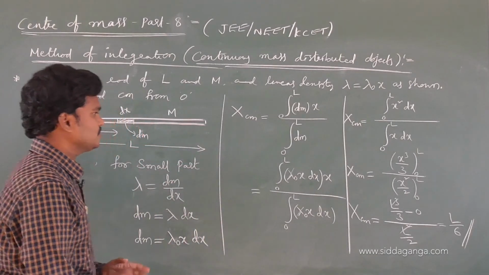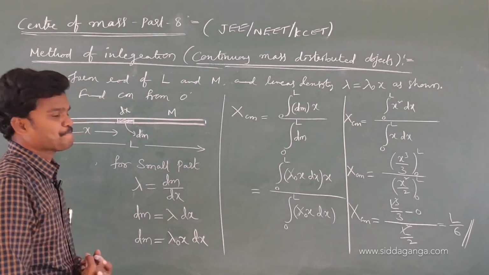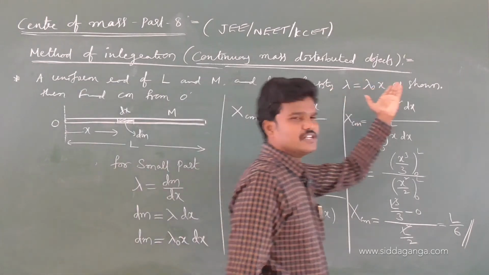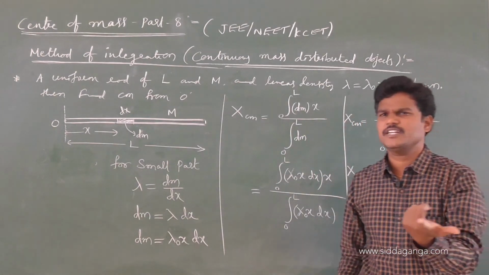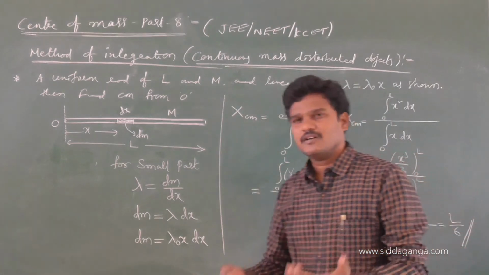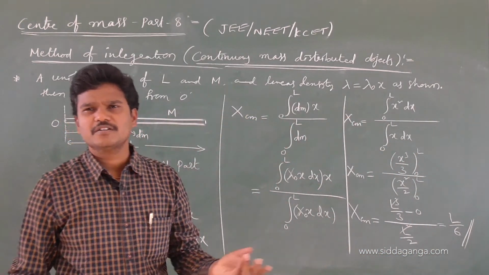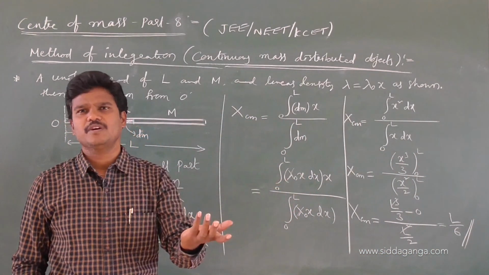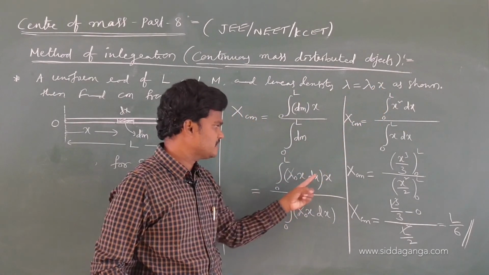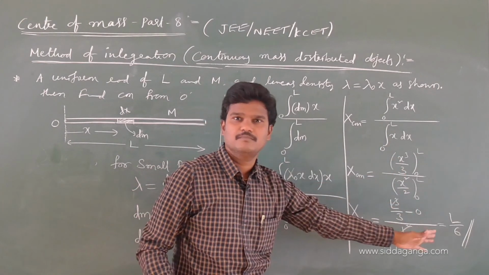So I got L by 6. If lambda remains constant, if linear density does not vary, it is L by 2. If lambda varies with some k x square, where k is a constant, then substitute x square, into x cube, and some number will come.